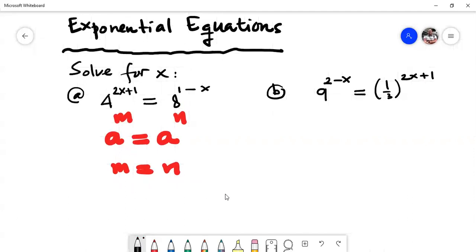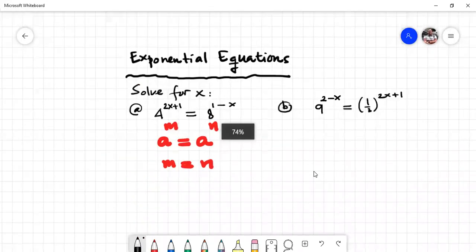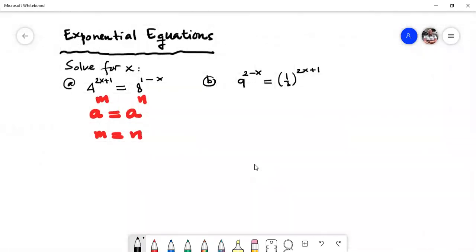Okay, now look at this question A. Here we have 4 to the power 2x plus 1 equals 8 to the power 1 minus x. So look at this. We have 4 and 8.